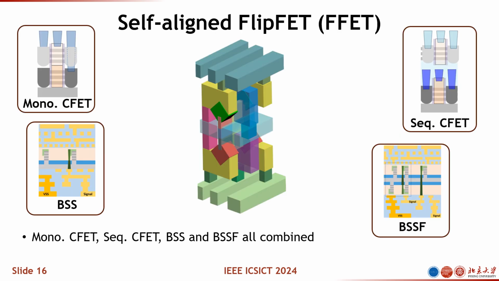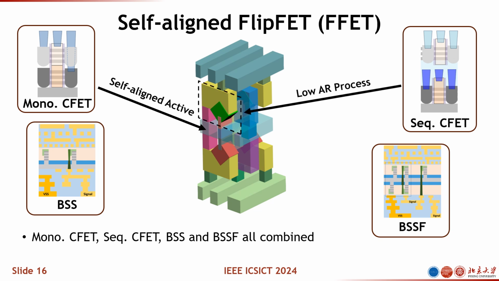And as you can see, the FlipFET actually is a combination of benefits from multiple technologies. Let's get a summarization over here. The FlipFET combines the benefits of the self-aligned active from the monolithic CFET. It also has the benefits of the low aspect ratio from the sequential CFET.